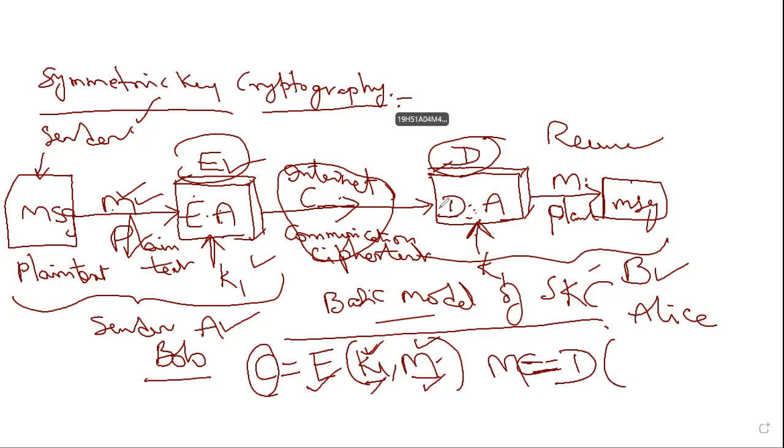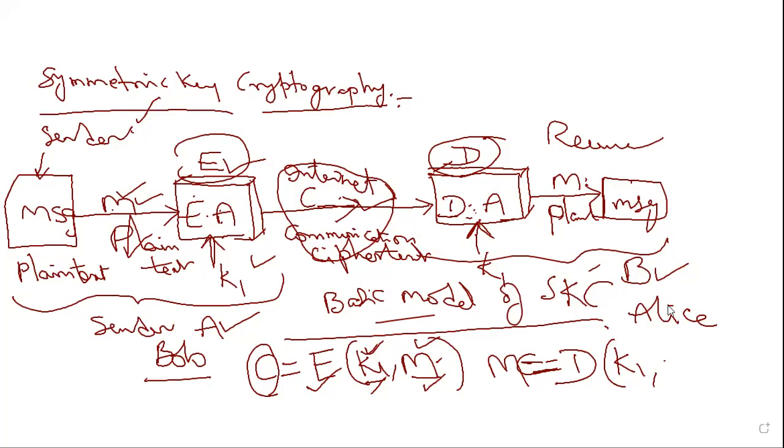Then what is the input to decryption algorithm? Whatever information is transmitted through the channel, that information is ciphertext, right? Again, with the help of key K1, the same key that is used by the sender is used by the receiver to decrypt or restore the original message.